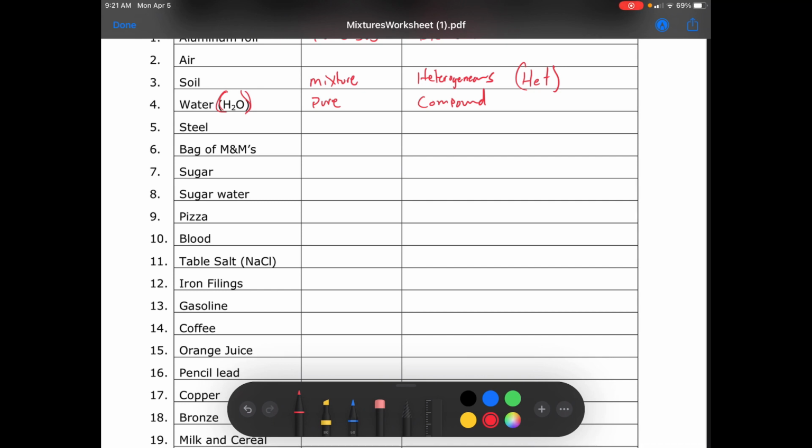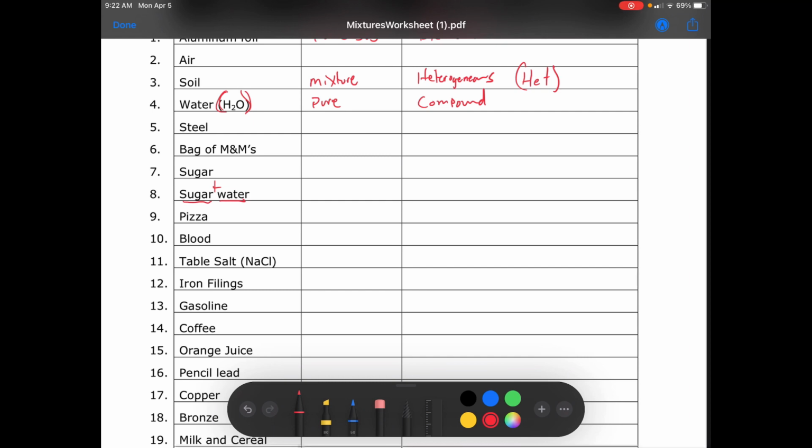I'm going to leave these next few for you, and let's jump down to sugar water. So sugar plus water. Now watch out, because sugar, as we see in the one above, is a little tricky. But don't take what I'm saying about sugar and assume it's the same here.